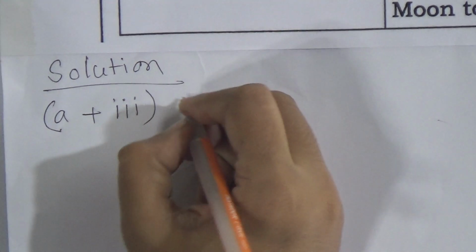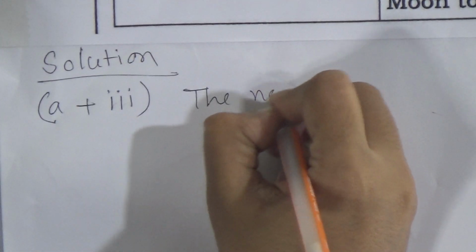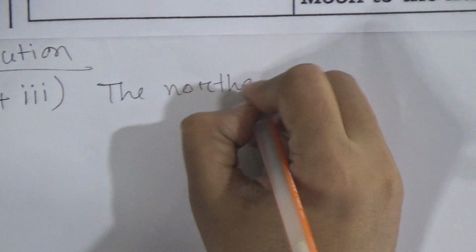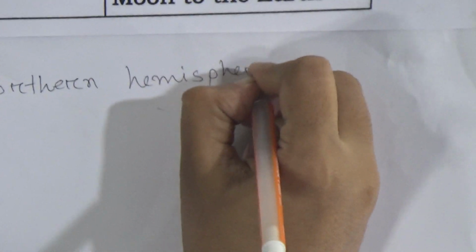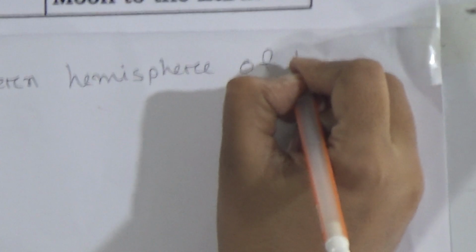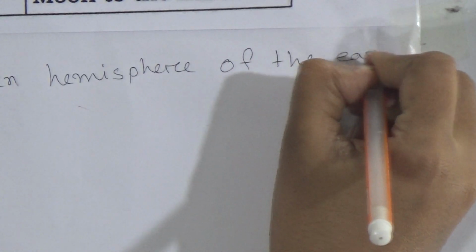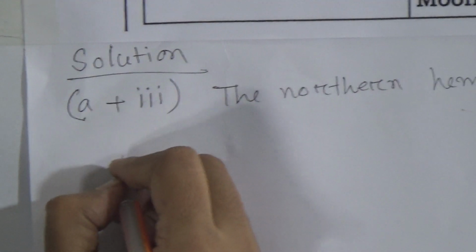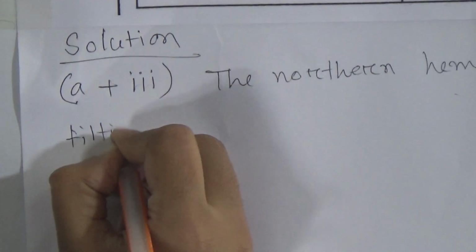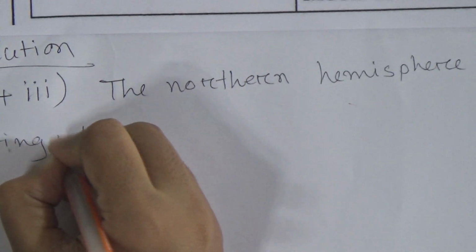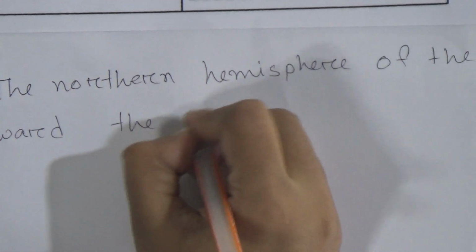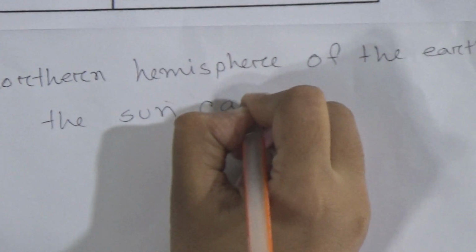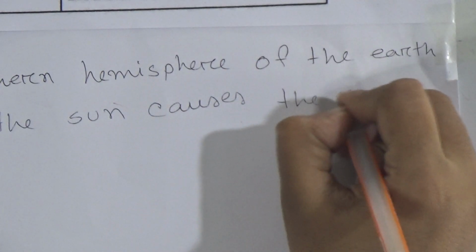So I will write A plus 3: the northern hemisphere of the earth tilting towards the sun causes the summer.